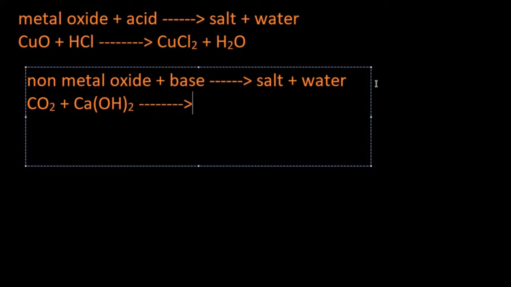What does it give us? It gives us calcium carbonate, which is the insoluble substance. Calcium carbonate, this is a salt, and we get water. Okay, so this is the reaction of non-metal oxide plus base. It also gives us salt and water.